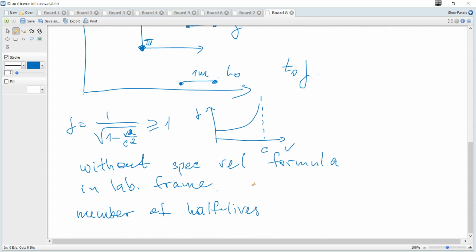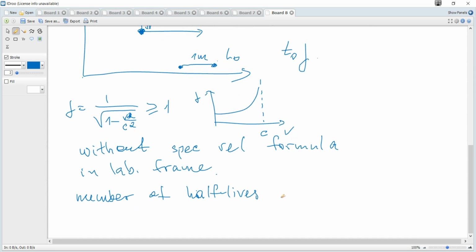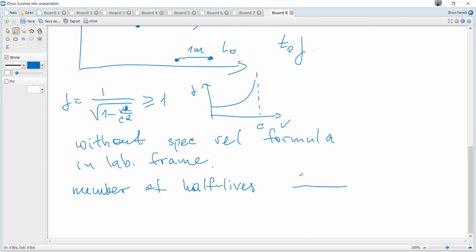So in the laboratory frame, the number of half-lives is the time in the laboratory, 1.2 times 10 to negative 7 seconds or 120 nanoseconds, divided by the time of one half-life, 18 nanoseconds, and it becomes 6.7.